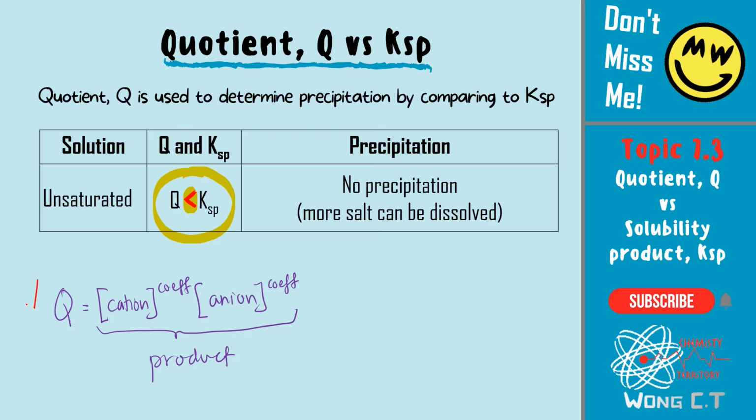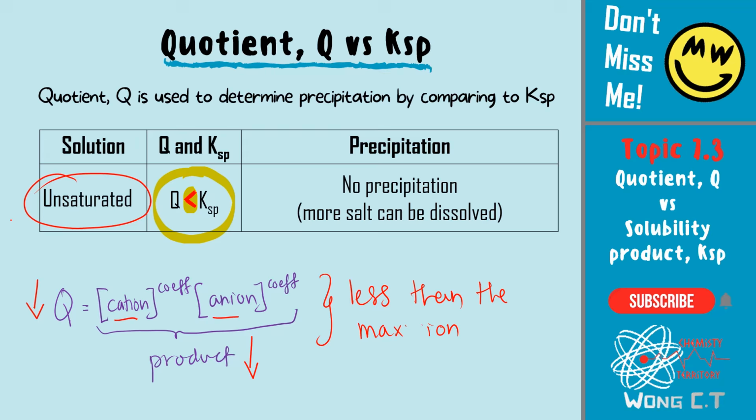When your Q is less than the Ksp, that means your product is also less. When the product of your cation and anion is less than the Ksp, this is less than the maximum ion that you can have in the solution. So, when the amount of ion that you have is less than the maximum, that is the reason why your solution will be categorized as an unsaturated solution.